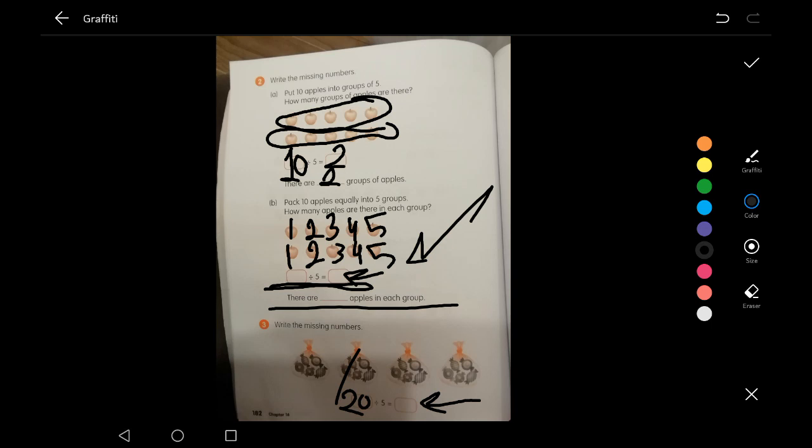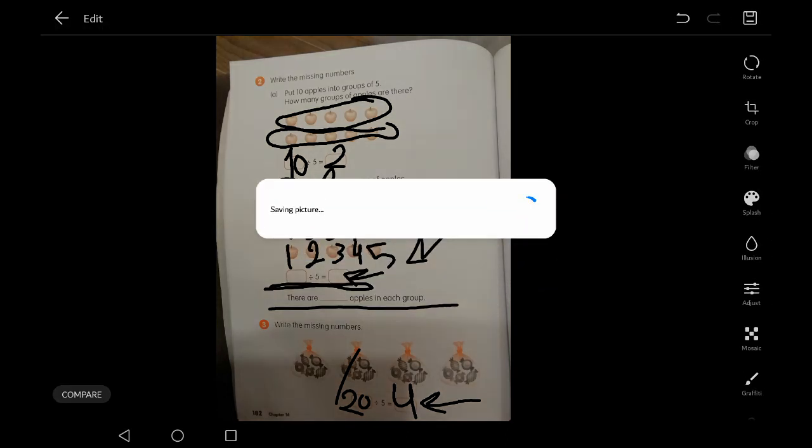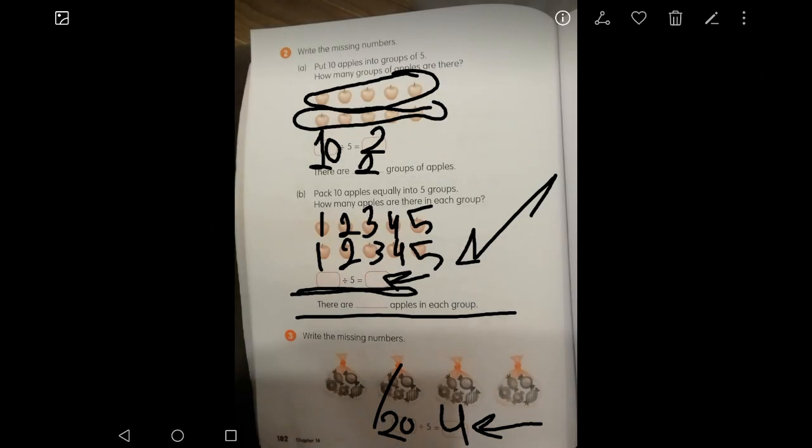So 20 divided by 5, which is equal to, what's the number that I multiply by 5 and I get 20? Or how many groups did I get? There are 4 groups. So 20 divided by 5 equals 4.